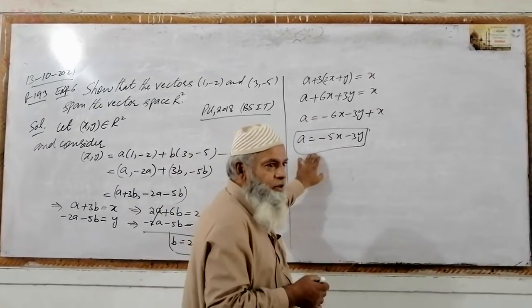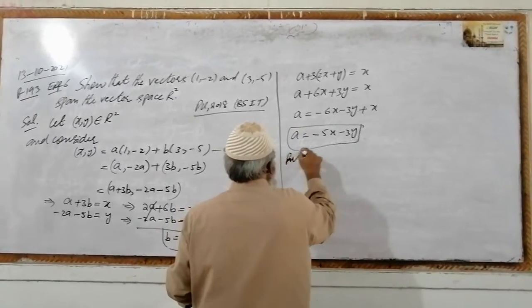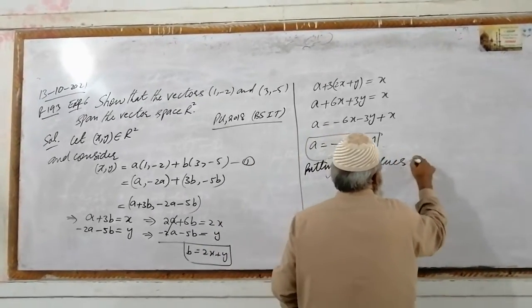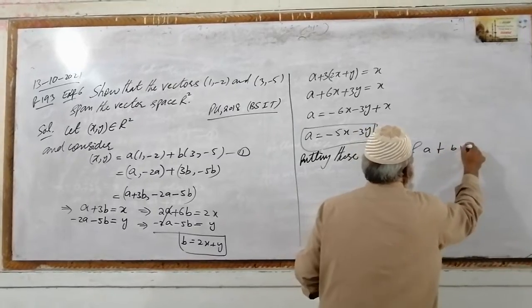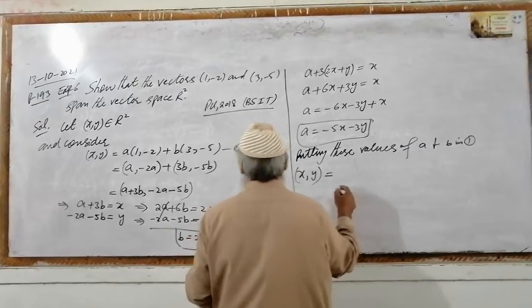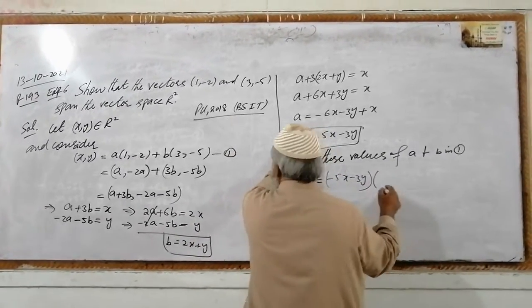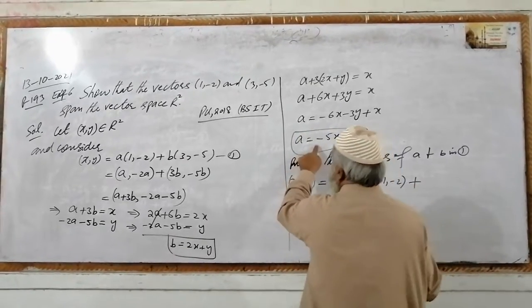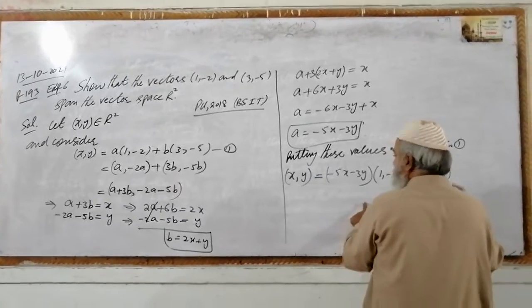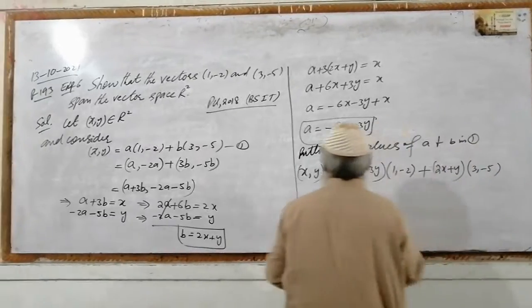Now after finding the values of a and b, we are putting these values in equation 1. What will we have? (x, y) is equal to, what is the value of a? -5x - 3y, into (1, -2), plus, what's the value of b? 2x + y, and the other vector (3, -5).